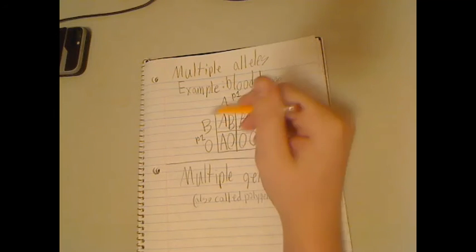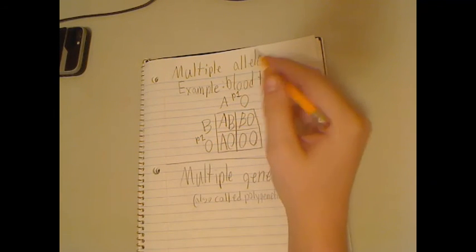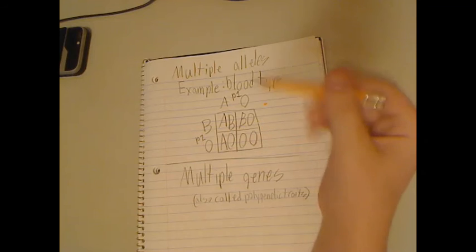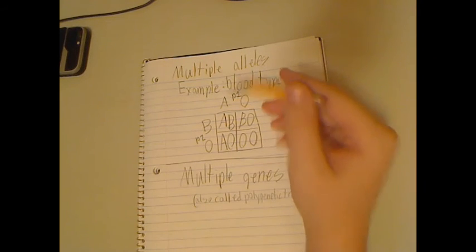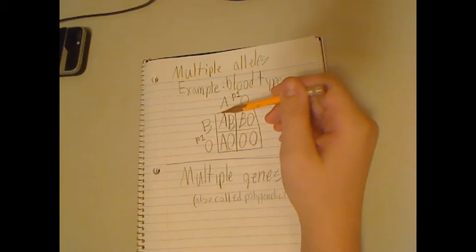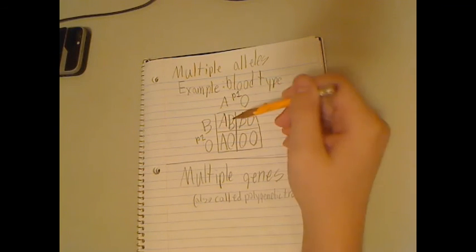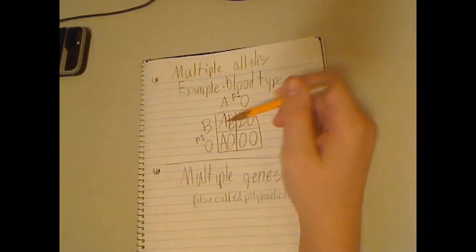That would be an A and an O and a B and an O. Since this specific example is codominant, this is an example of codominance. If you get both A and B, it would be A and B; they don't overpower each other.